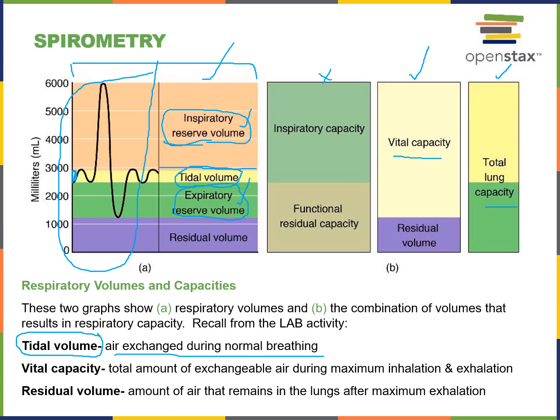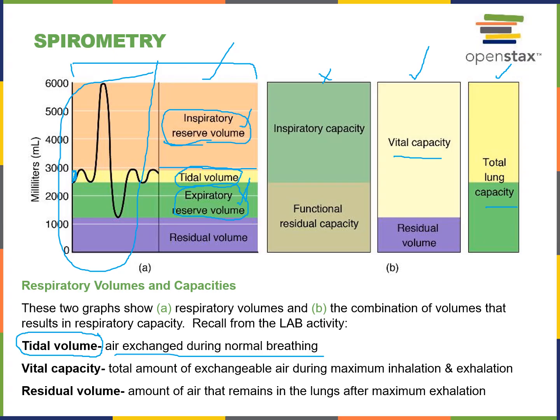So in that case, the person would be asked again to inhale normally, exhale normally so that they're relaxed. And then you would ask them to inhale normally, but they would exhale as much as possible into the spirometer. And that would be measured. And that would be called the expiratory reserve volume.